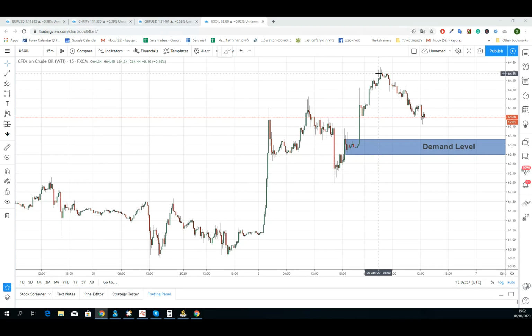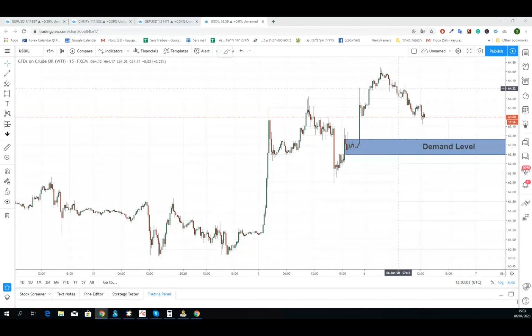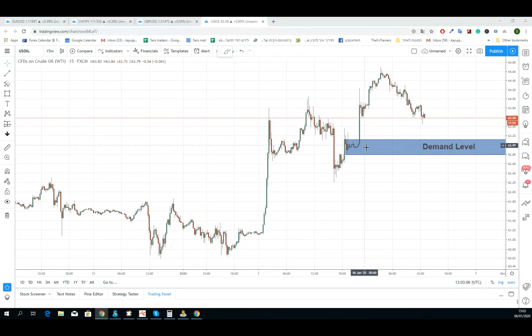At the moment, the price has calmed down a bit, and the price is compressing down towards the demand below, which is the last fresh demand that the price created during its rally up. And this demand seems like a great continuation level to keep the bullish momentum for the US oil.